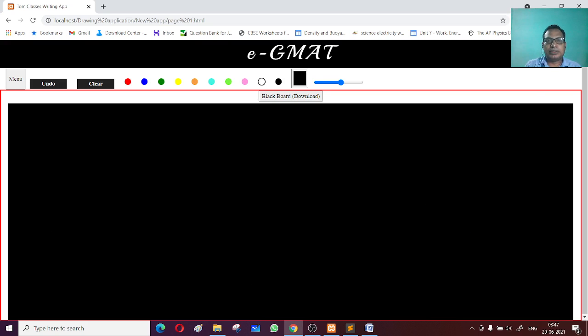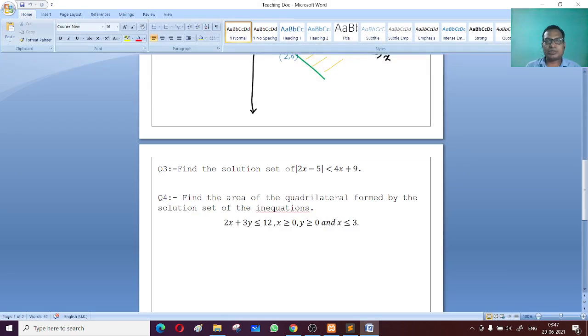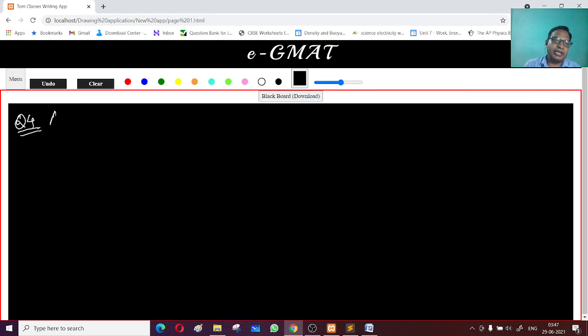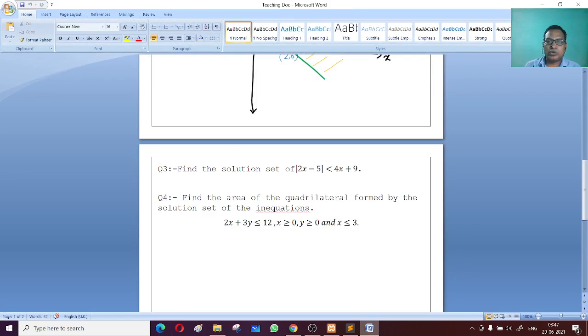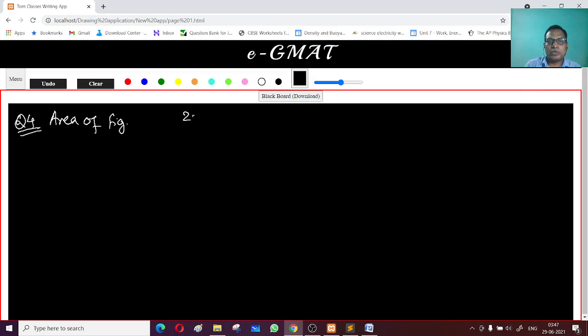We try to do another question, and this is question number 4. What this particular question says is: find the area of a quadrilateral formed by the solution set of inequations. So he is talking about the area of the figure. What are the conditions given? 2x plus 3y is less than or equal to 12.